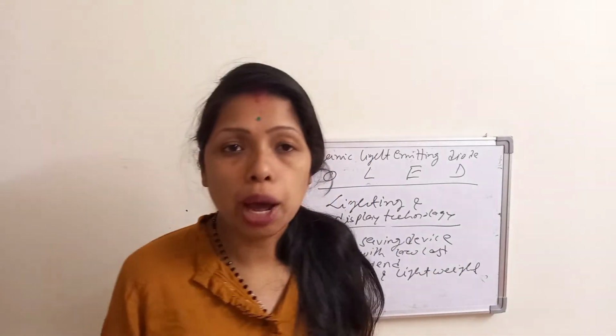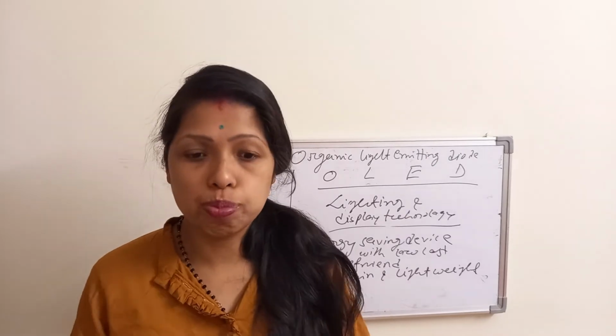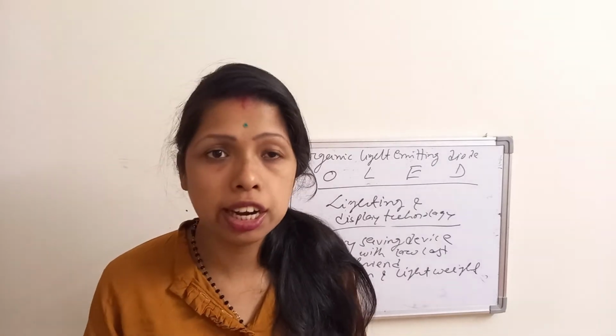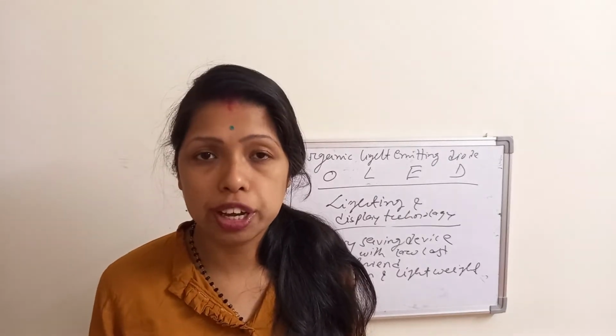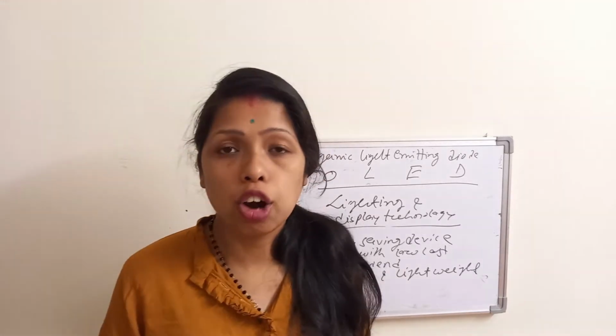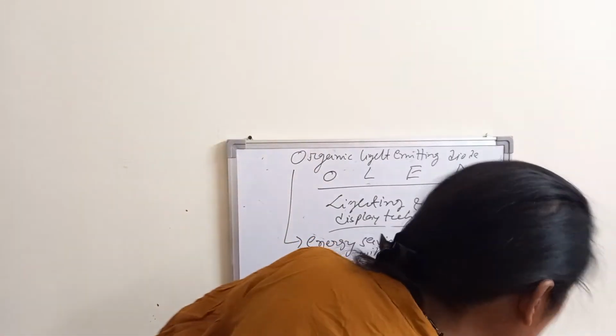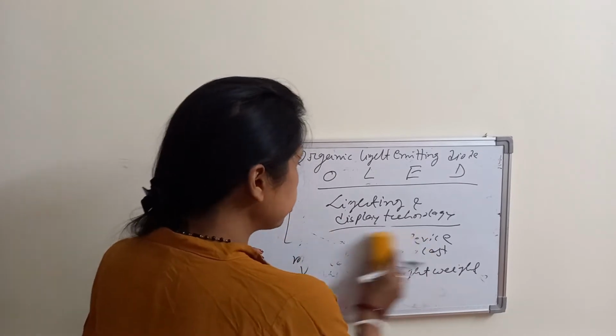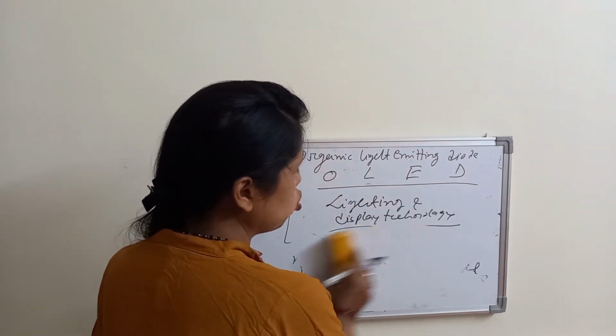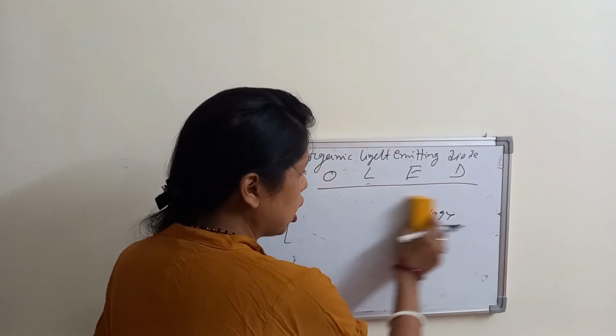Right, now I am coming to some electrical parameters or electrical properties, right? What are the main electrical and optical properties of this organic light emitting diode? Light emitting diode means we have to emit light and we have to get high efficiency light output.